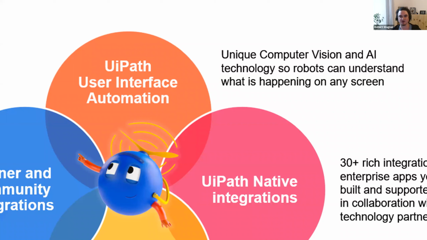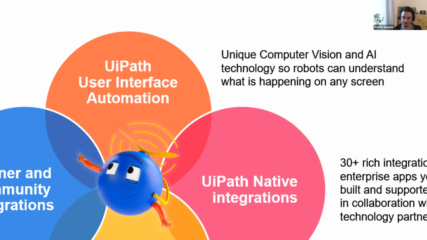But we also have support, for instance, for computer vision. And this is a true game changer, for instance, if you have an application running in a Citrix environment, where it's technically not feasible to grab controls and identifiers and stuff like that. So that's pretty powerful, and it's definitely a pretty cool support for your automation efforts.